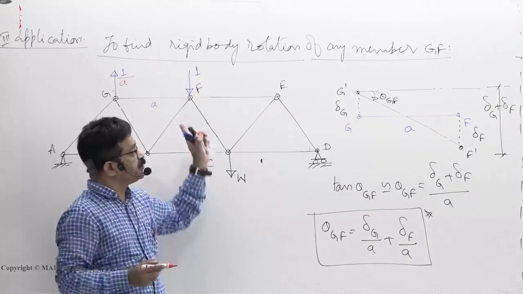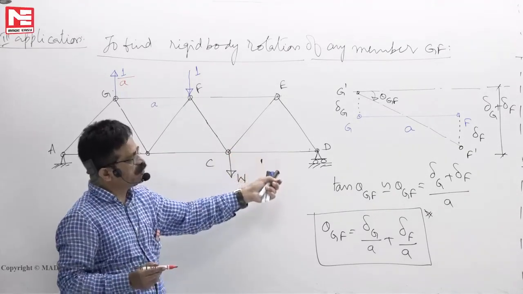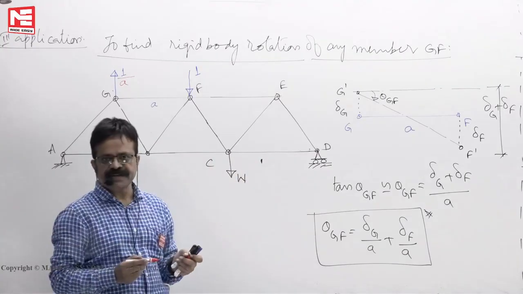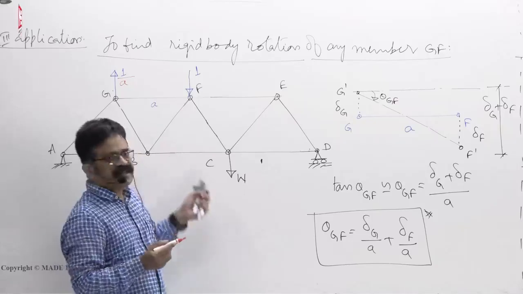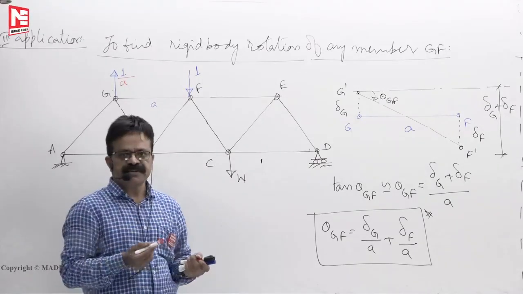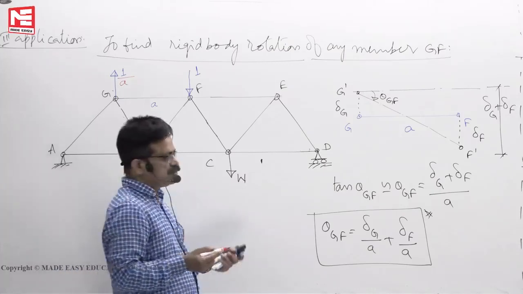To get that, it must be a linear elastic material. That's why this is applicable to linear elastic materials only, Castigliano's theorem 2. It is like this: one biscuit is 2 rupees, 3 biscuits, 6 rupees, like that. So, linear interpolation.